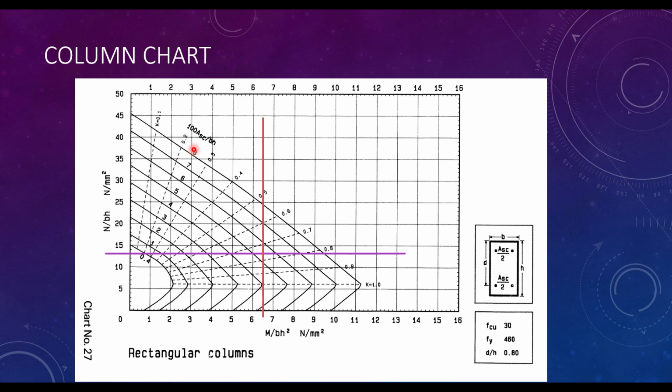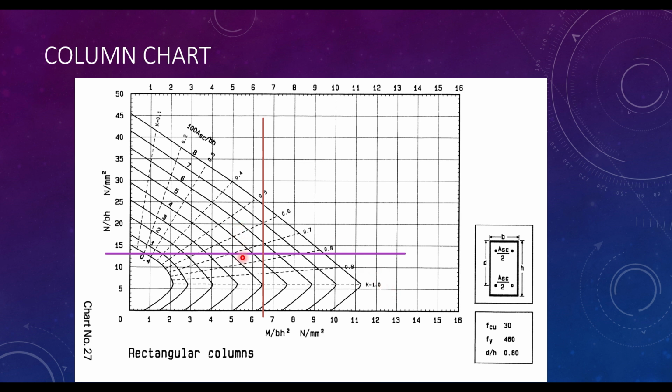We want to have a steady value of K, and K is represented on this chart using the dashed lines. The first dashed line is K equals 0.1. The second dashed line says K equals 0.2. The third dashed line 0.3, up to K equals 1. I told you the maximum value of K is 1, so it must always be less than 1.